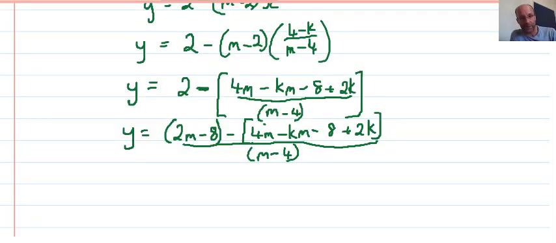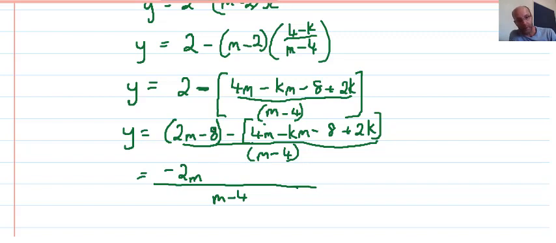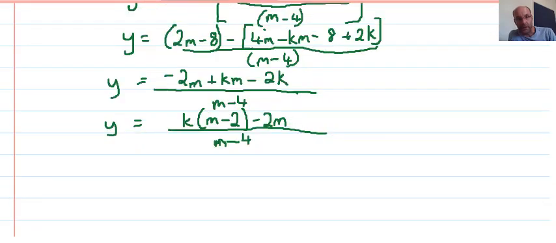So expanding so we can simplify, we have the following. We have 2m minus 4m is minus 2m, negative 8 minus negative 8 is 0, so the 8's cancel, so that one cancels as well. Then we have minus negative km, which is plus km, minus positive 2k, which is minus 2k. We could take k out as a factor, and we have k outside m minus 2 minus 2m over m minus 4 for y, sorry.